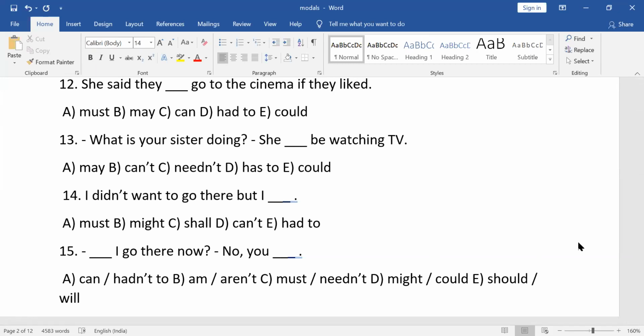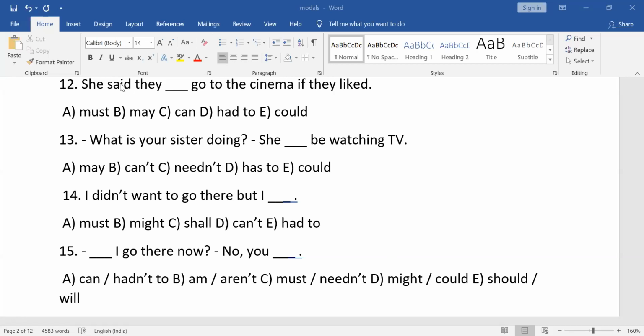Let me check. You give me an answer. She said they dash go to cinema if they liked. Guys, 12th one.